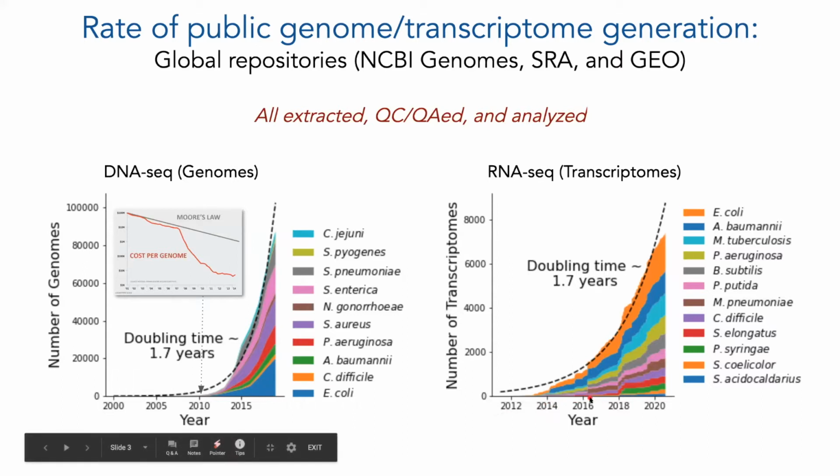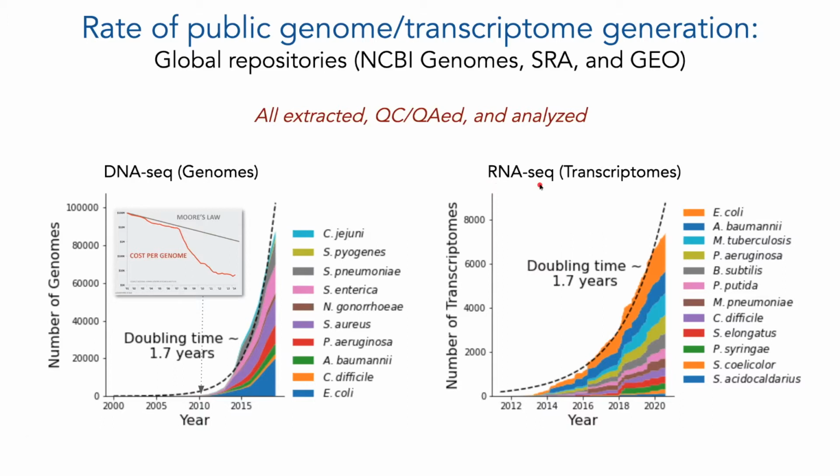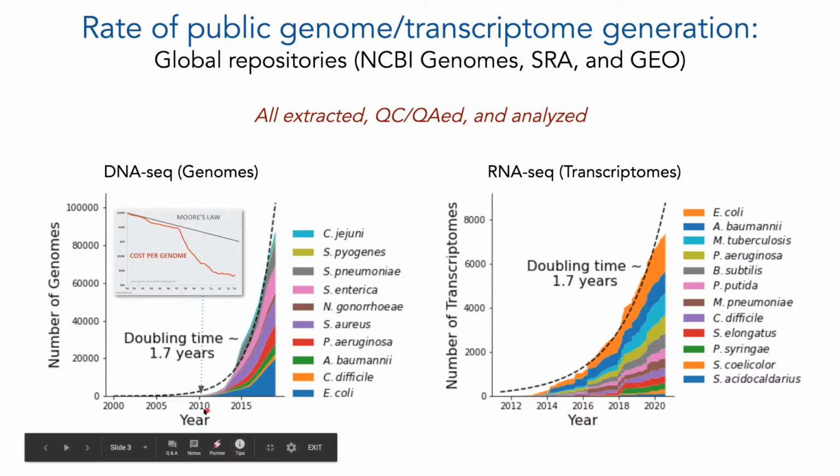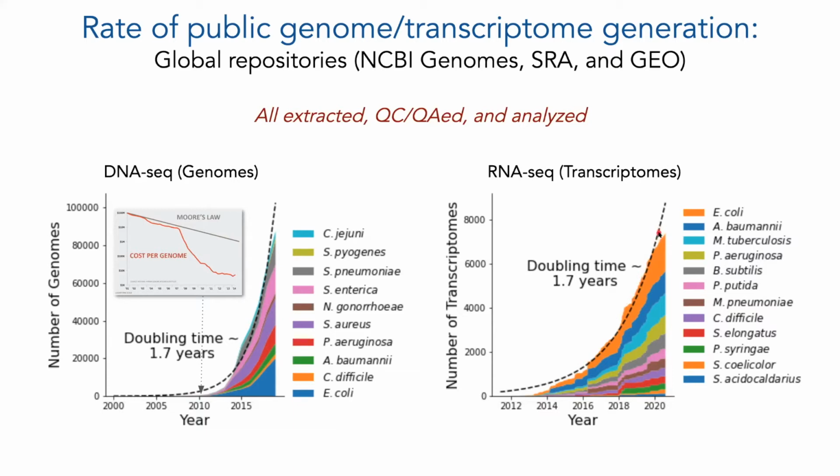On the right, we have the same graph for bacterial transcriptomes. And you notice this takes off in 2013, not 2010 as over here. And that was primarily due to the fact that isolation of messenger RNA in bacteria is more difficult than in eukaryotes. No poly A tail to use here. But nevertheless, when that was in place, we also experienced an exponential growth in the availability of this data type.